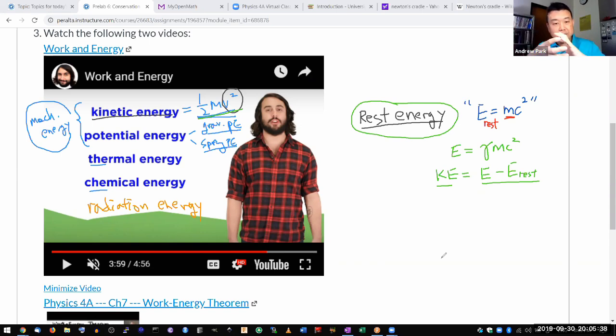If you're just looking at kinetic energy, it has changed. So to still hold to the postulate, the law, that energy is conserved, we have to modify our definition of energy so that it's a conserved quantity.